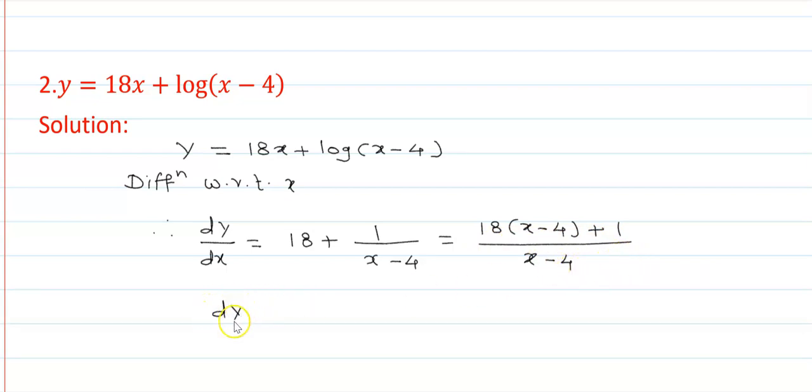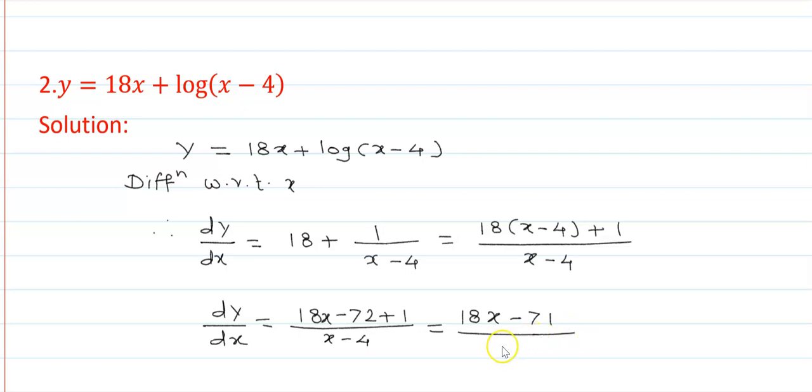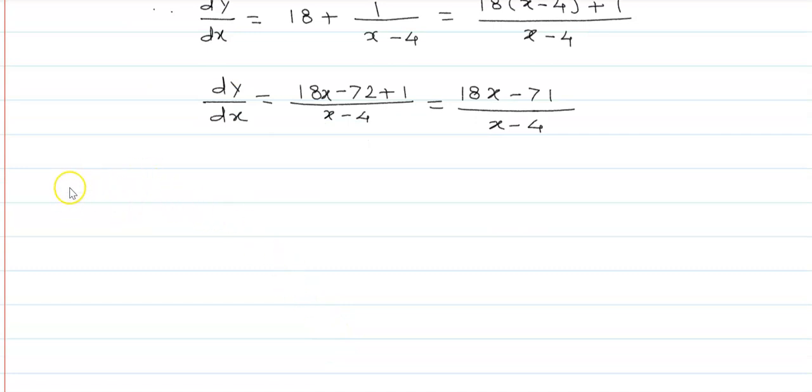Again dy upon dx is equal to, after simplification, 18x minus 72 plus 1 upon x minus 4, and that is equal to 18x minus 71 upon x minus 4.